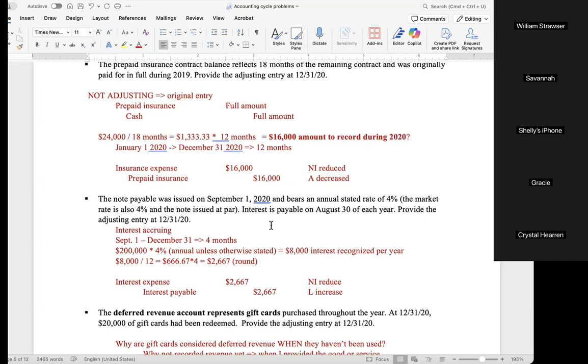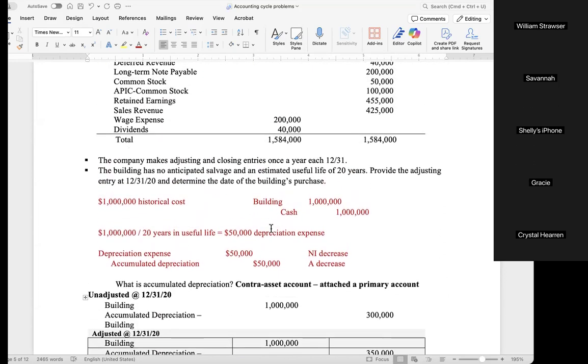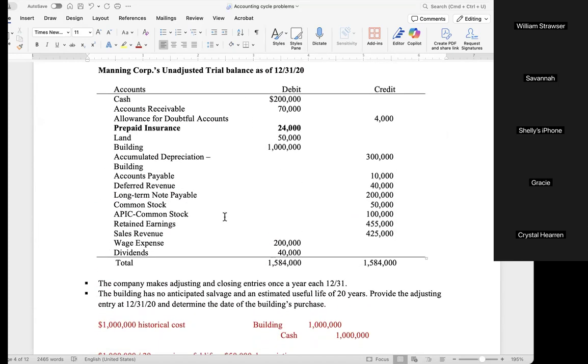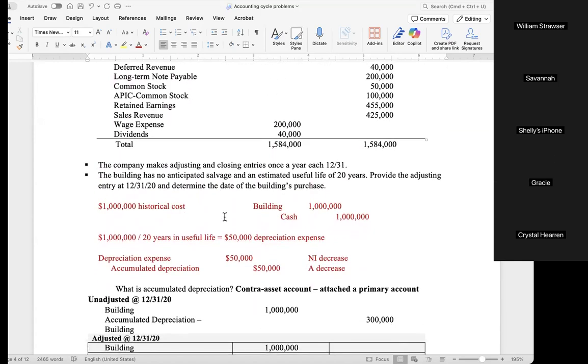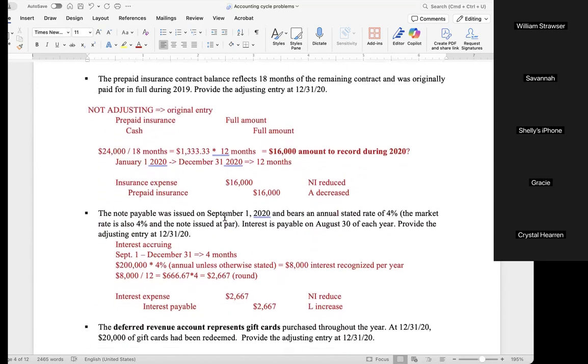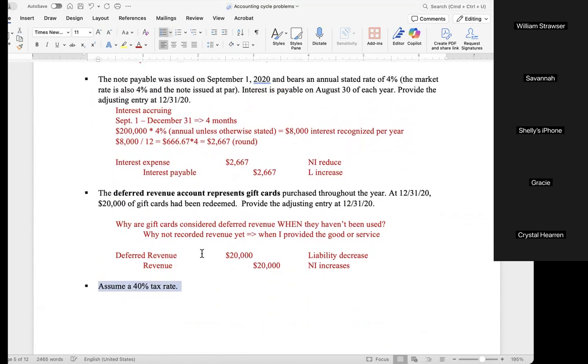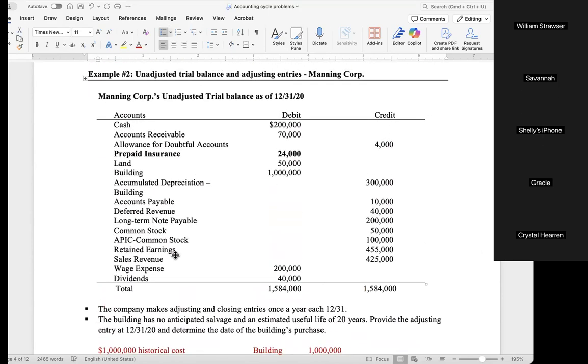Like I said, you will definitely get something that looks like this with fewer accounts and fewer adjustments to make. I'll randomly select some adjustments to feature, but one adjustment I can telegraph is that you will have to do a tax adjustment.